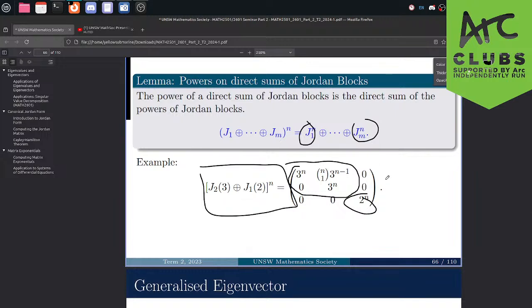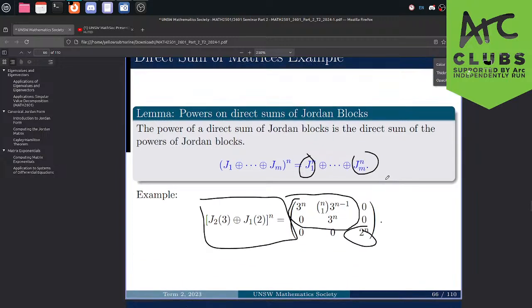It turns out a lot of properties of direct sums and block matrices carry over from their normal matrix counterparts. For example, when you exponentiate a diagonal matrix like this, you just exponentiate the diagonal elements like that. And it's almost the same for the direct sum.